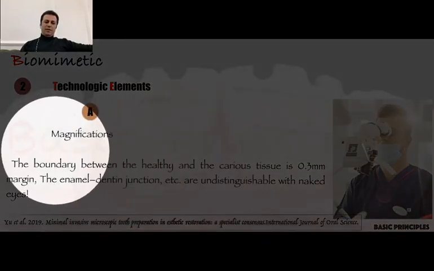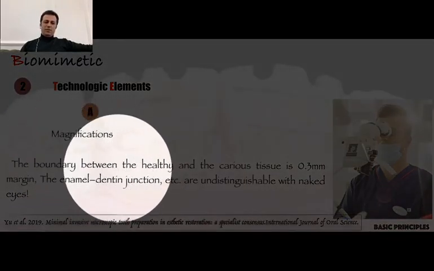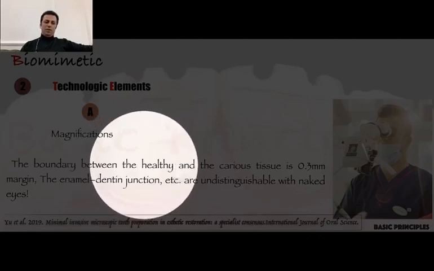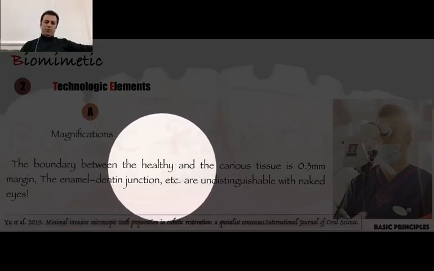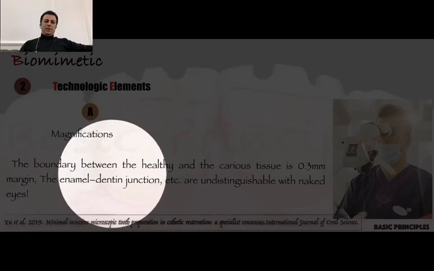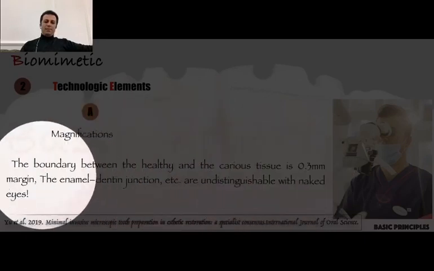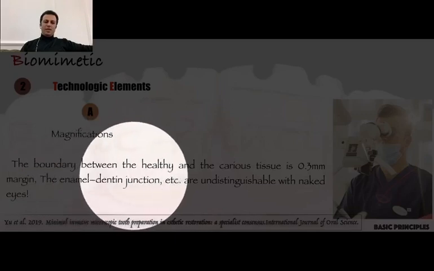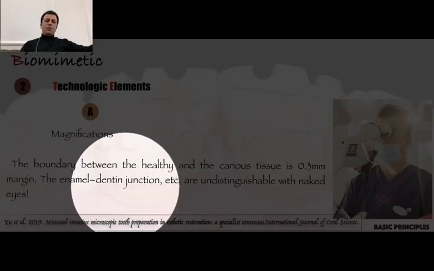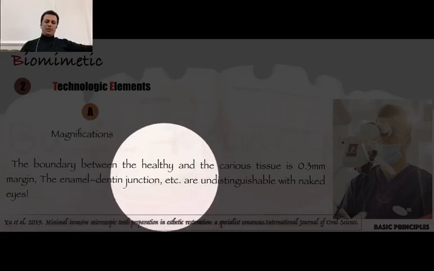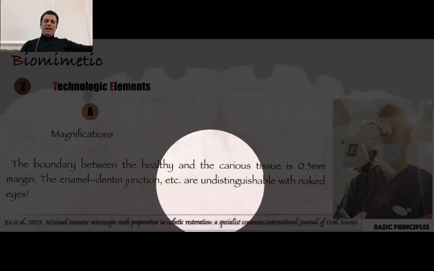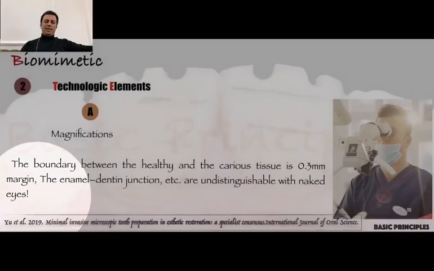Look, another statement. The time is not sufficient, but I want to share this information because it is supportive for you. The boundary between the healthy and the carious tissue is around a 0.3 mm margin. The enamel-dentin junction is also small. Many compositions in the tooth structure are small, and they are indistinguishable with the naked eye.